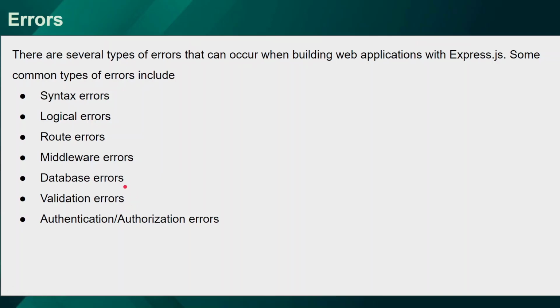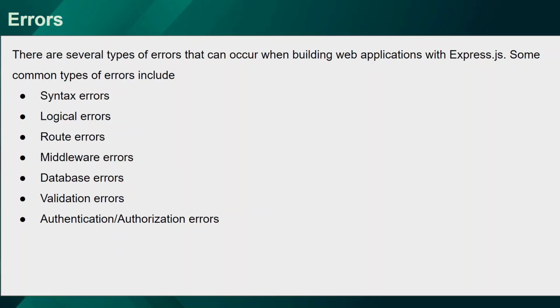Based on the validation, any errors can be invoked, right? For example, let's say there is a record that should be an email, but the user is passing some sort of invalid email address, then the email validator will invoke an error saying this is not a valid email, right?